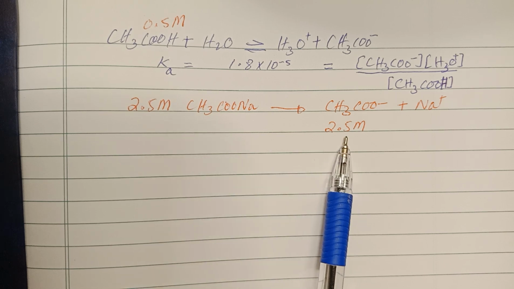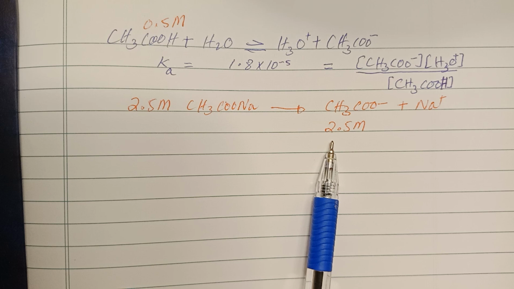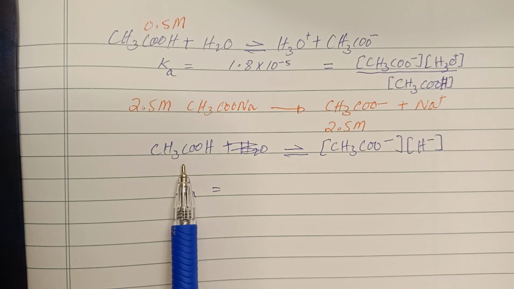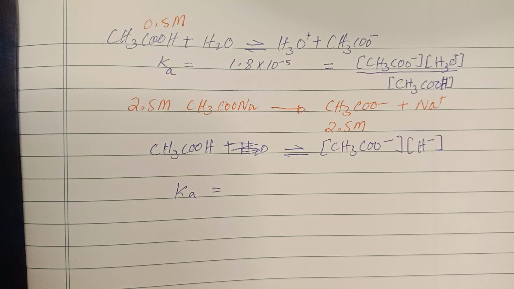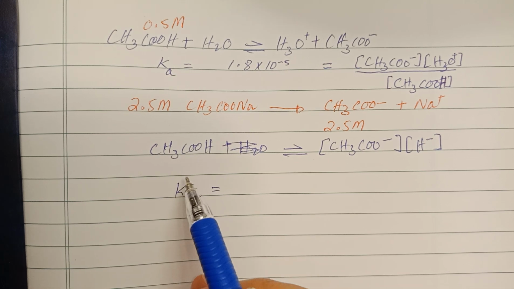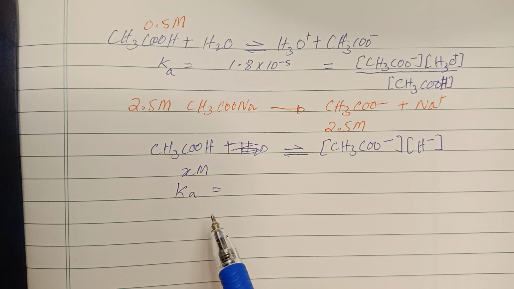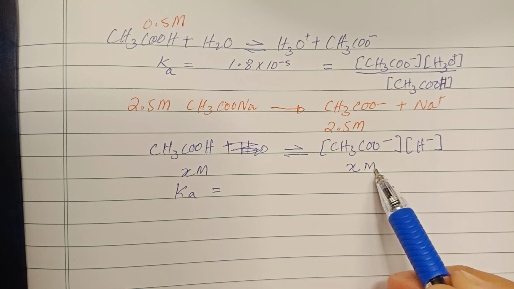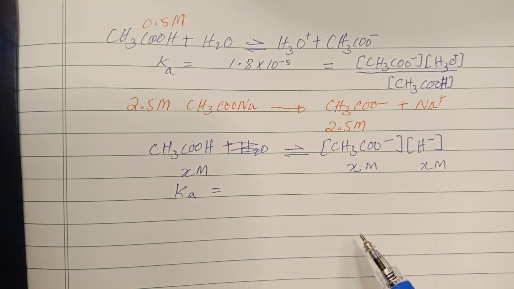So the concentration of acetate ions produced will be 2.5 molar. Now again consider the reaction which is the dissociation of acetic acid. So let's consider X moles of acetic acid was used, which dissociated into X moles of acetate and X moles of hydrogen ions.